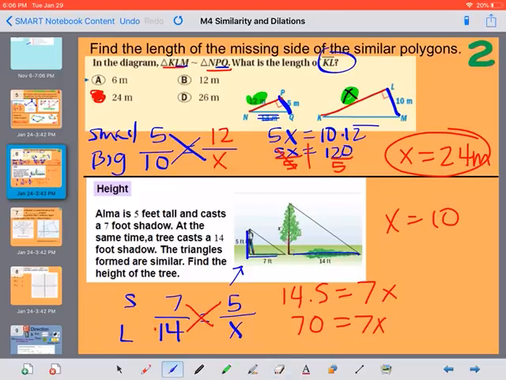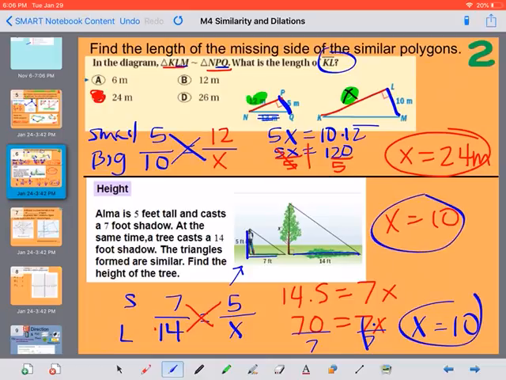If we divide by 7, x will give us 70 divided by 7, which is 10. You get the same answer no matter which strategy you use. So the height of the tree would be 10 feet. So that part there was a little bit of review. The thing I wanted you to focus on was naming the triangles and knowing which sides are similar.